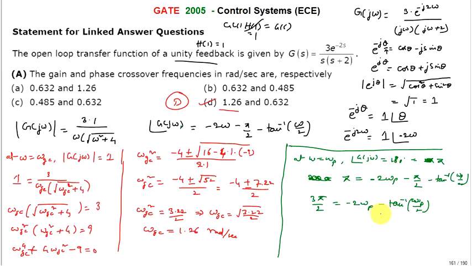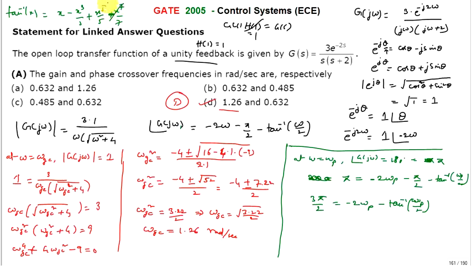We know the Taylor series expansion for tan inverse of x. Tan inverse of x is equal to x minus x cube by 3 plus x power 5 by 5 minus x power 7 divided by 7.